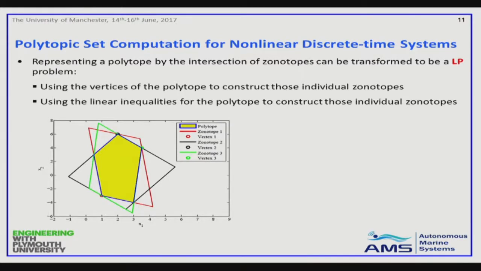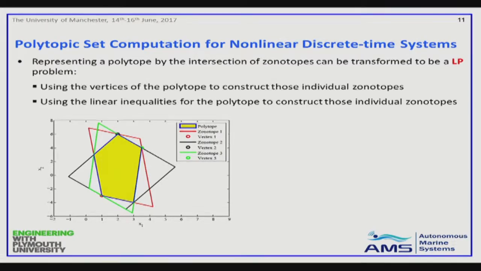For example, here, for the blue one, we have the 3 vertices, like here, the red one. So you can use these linear inequality equations to construct a simple zonotope that contains your polytope.